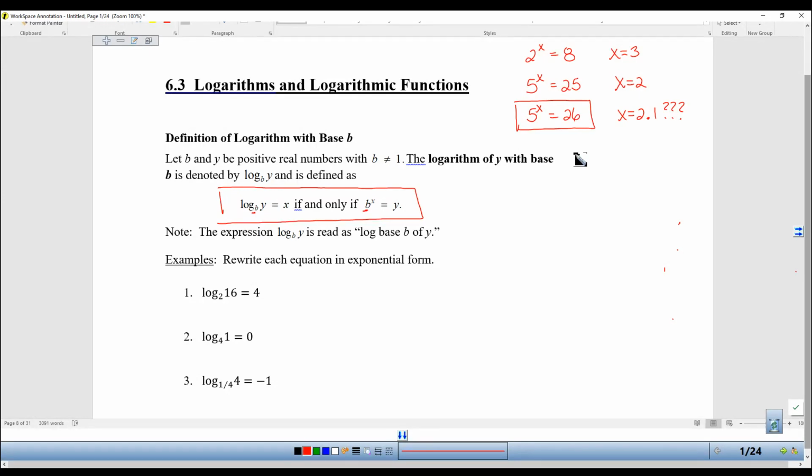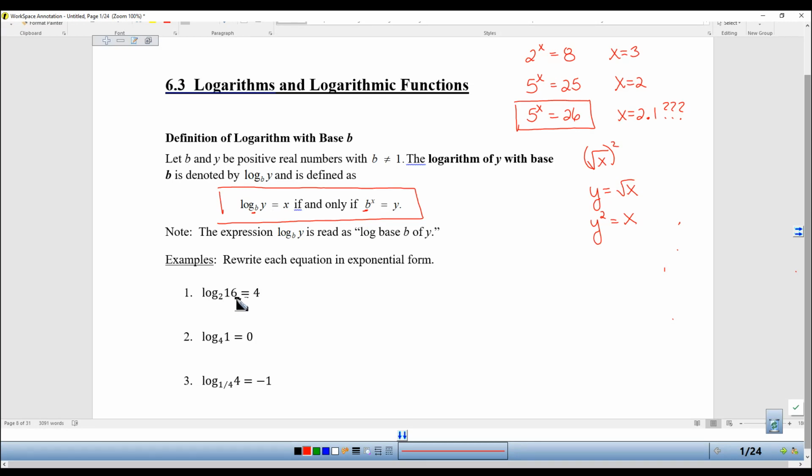But like all inverse functions, square roots and squares, they reverse the x and the y position. So if I say y is equal to the square root of x, then y squared is equal to x. Well, in this case, I have the log base b of y, but in exponential form, I have base b to the x. I think it might be easier just to show you with some examples.